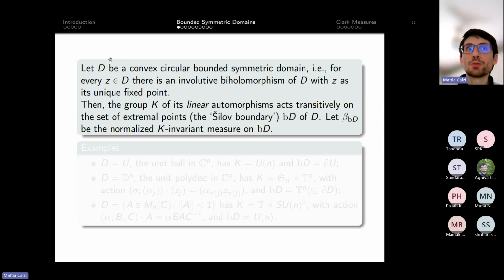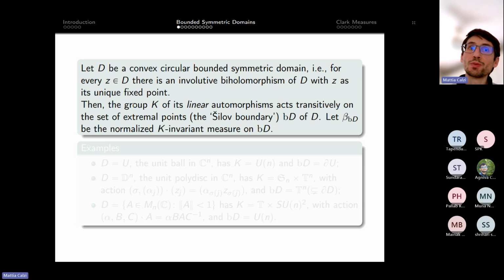And so let us pass to some information concerning bounded symmetric domains. So the definition in general is this one. You take a convex, circular, so invariant under the action of the torus, bounded open set D, which has this property. Every element of D is the unique fixed point of an involutive biholomorphism of D. And this biholomorphism is then unique, and the biholomorphisms of D act transitively on D, but it is another topic.